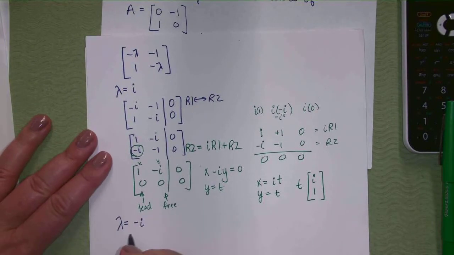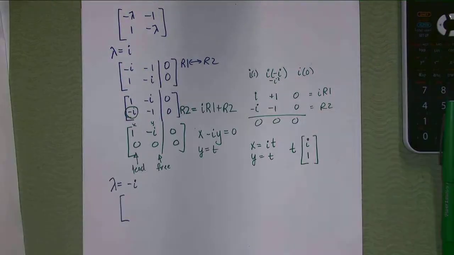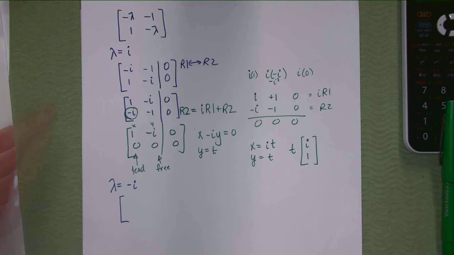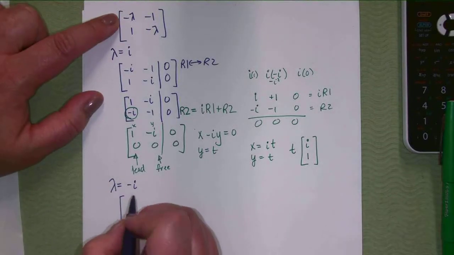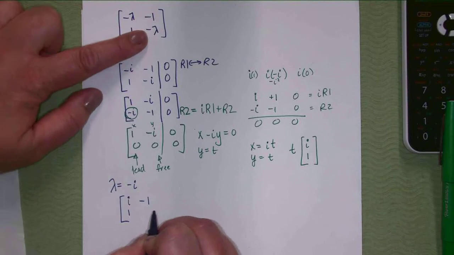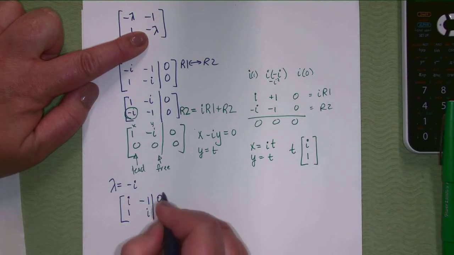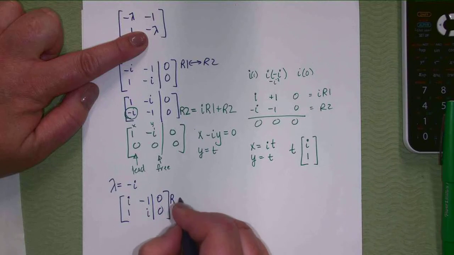If we put negative i in, so our vector's up here. So minus i is i, 1, and i. Same thing, switch them. Row 1, switch with row 2.